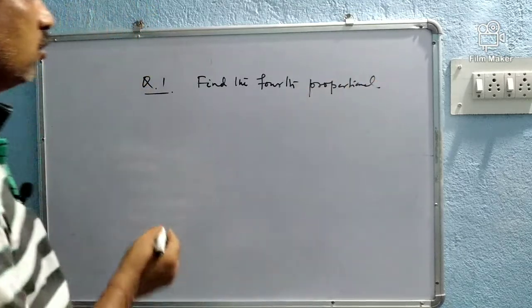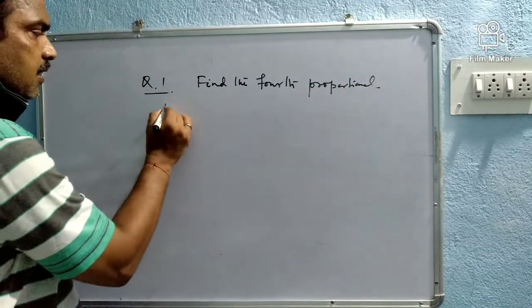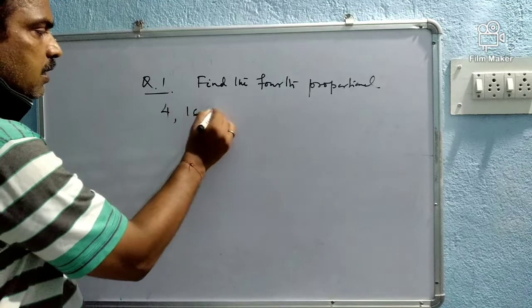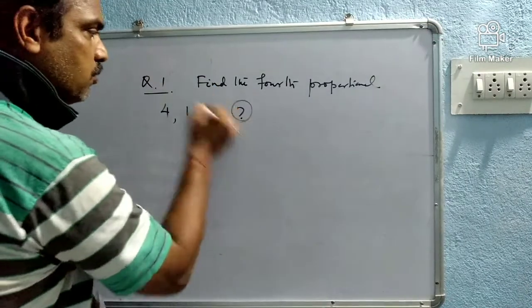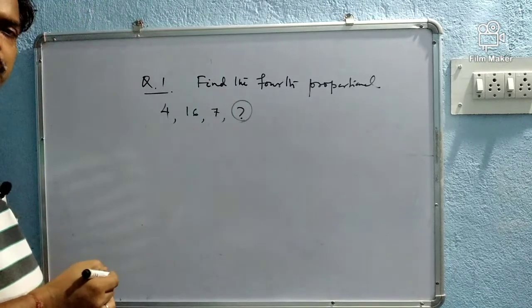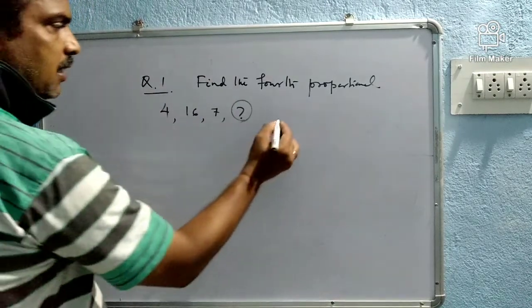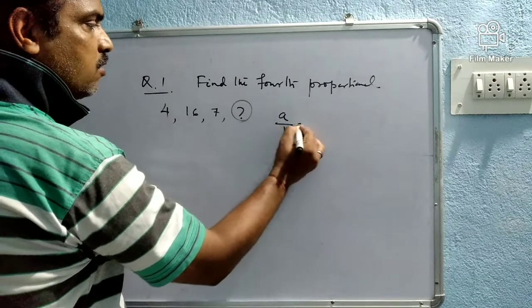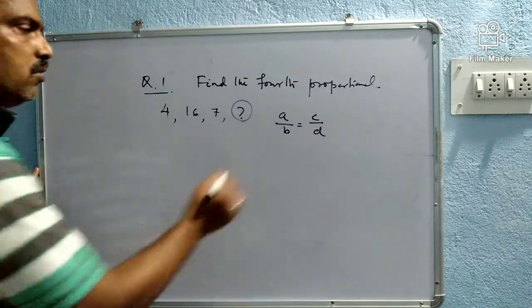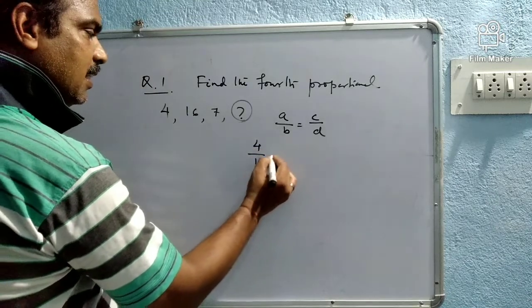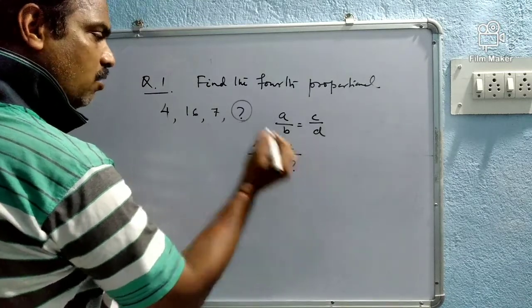Okay, so in this 4, 16, 7 and this is the fourth proportional. So how can you find this one? As I have given you in the last class, a by b is equal to c by d. With the help of this formula we can easily find 4 by 16 is equal to 7 by how much?